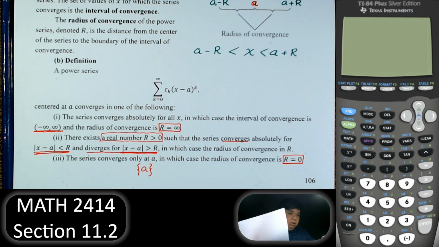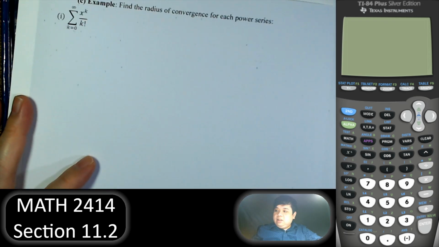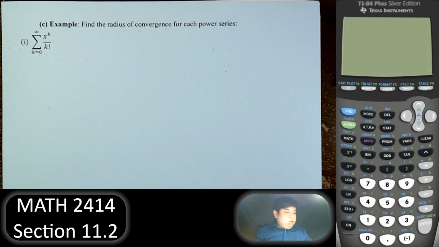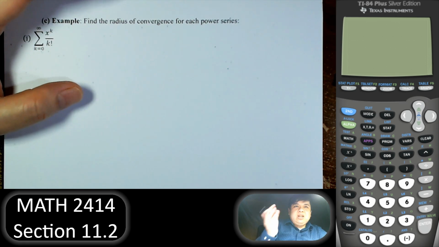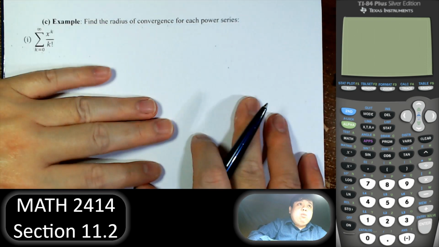Right, so now we have quite a few examples here. Find the radius of convergence for each power series. Actually, I think it's even better if we find the interval of convergence. The radius is just a number, but the interval of convergence has a lot more detail.